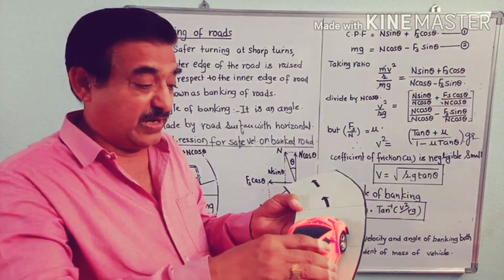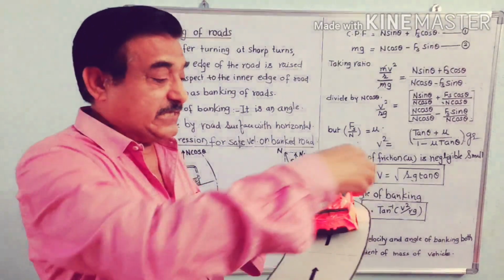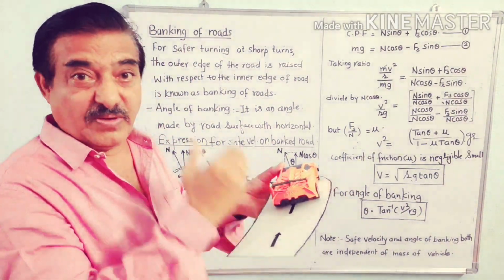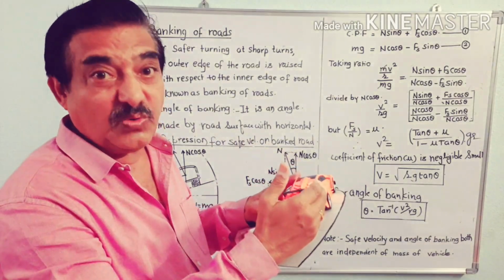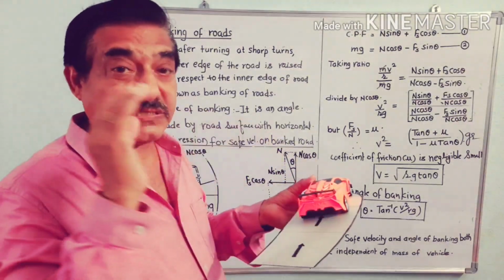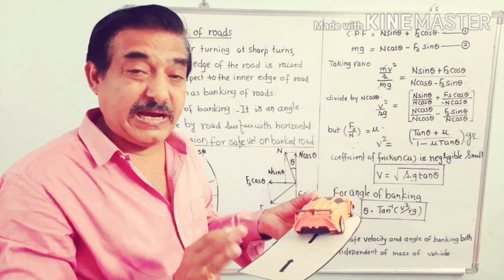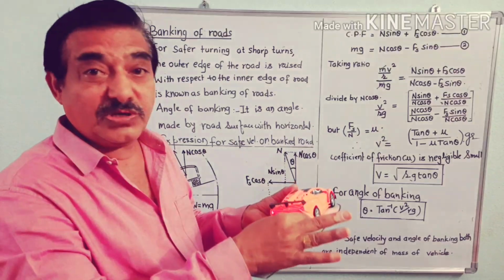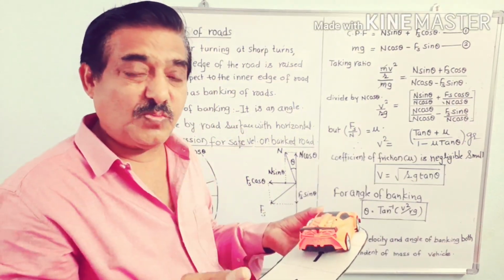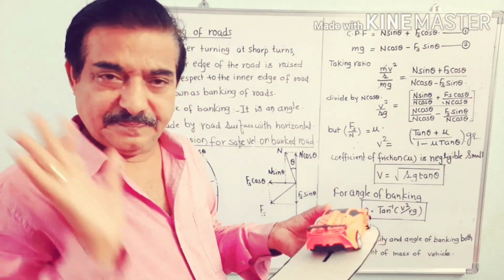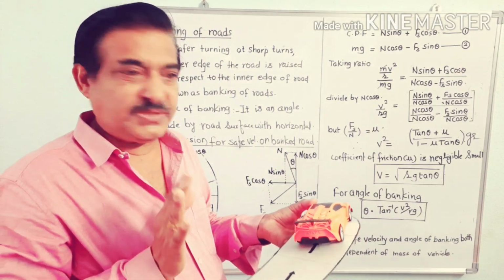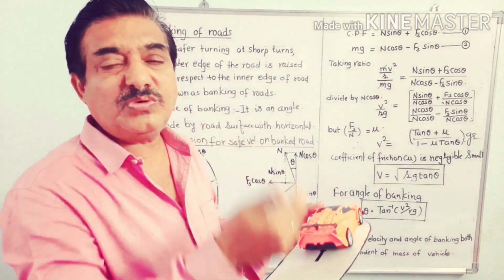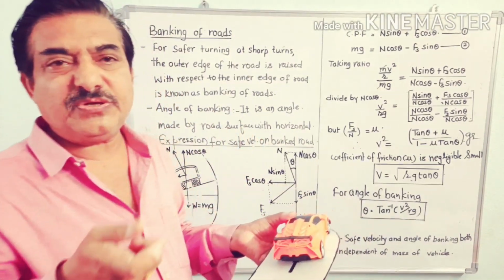As the vehicle moves in this direction, centrifugal force acts on it and the load is shifted from the inner wheel to the outer wheel, and at safe or optimum velocity, the load on the inner wheel and outer wheel will be the same, that is 0.5 ton. It means there is no excessive pressure on the inner or outer wheel, so there is no possibility of bursting the tire.